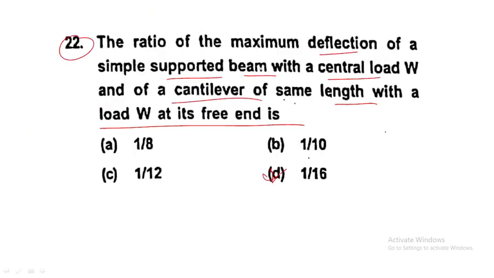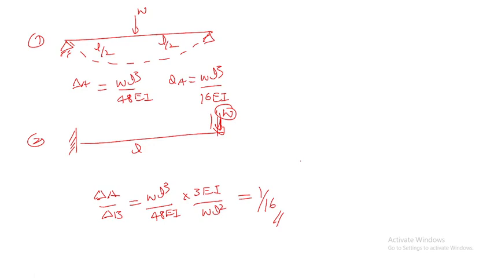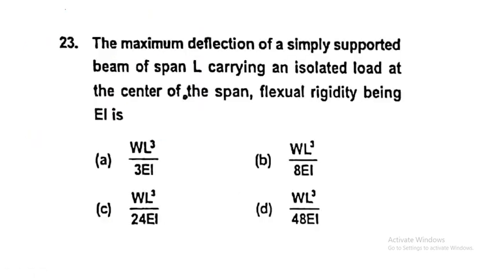So simply supported and cantilever, they are mixing the questions. You have to remember the formula, then you can make the ratio. Otherwise you can't do anything; you have to leave this question.